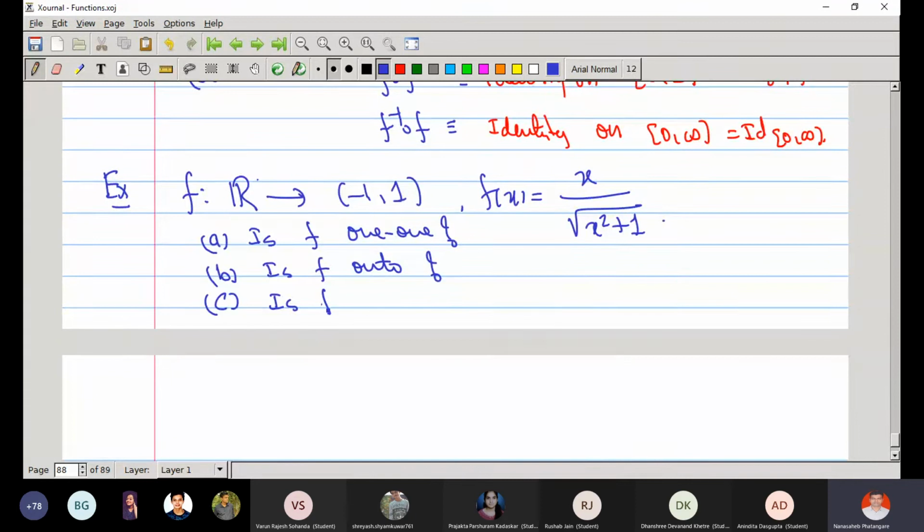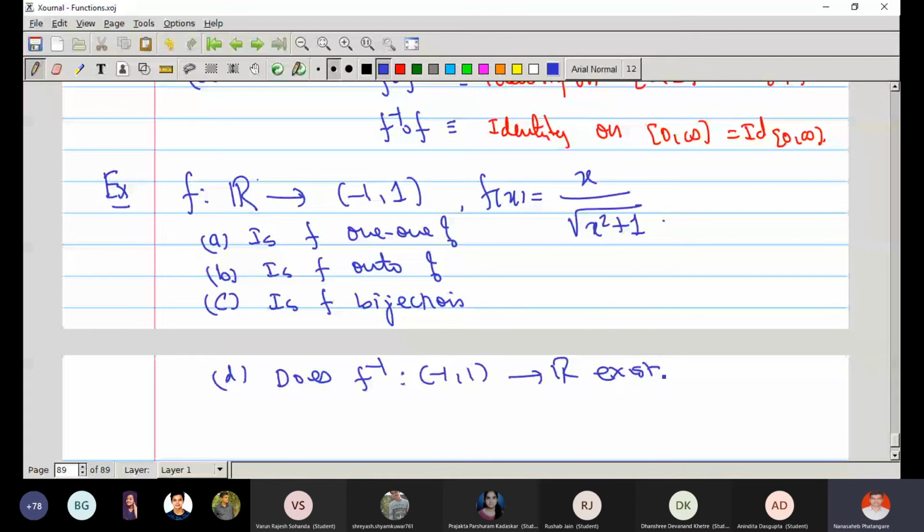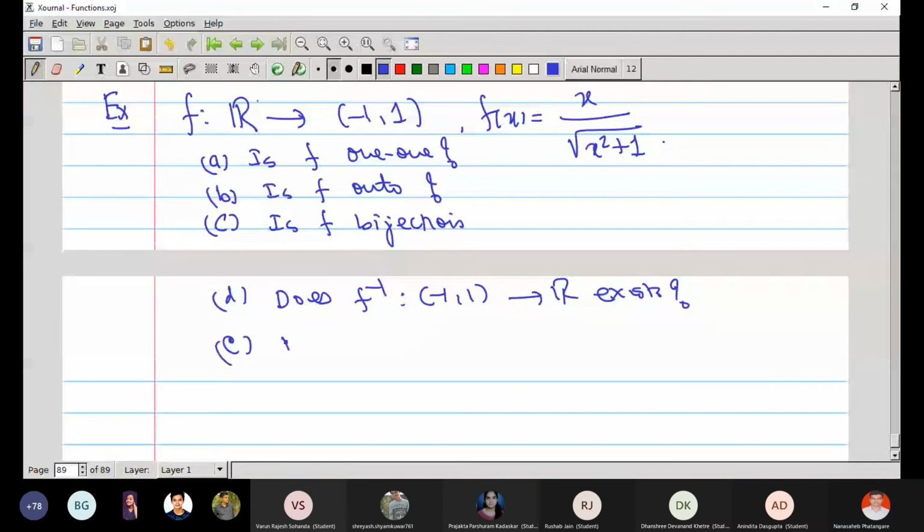Is f bijective? Does f inverse from (-1, 1) to R exist? These are the questions. If yes, what is the definition?